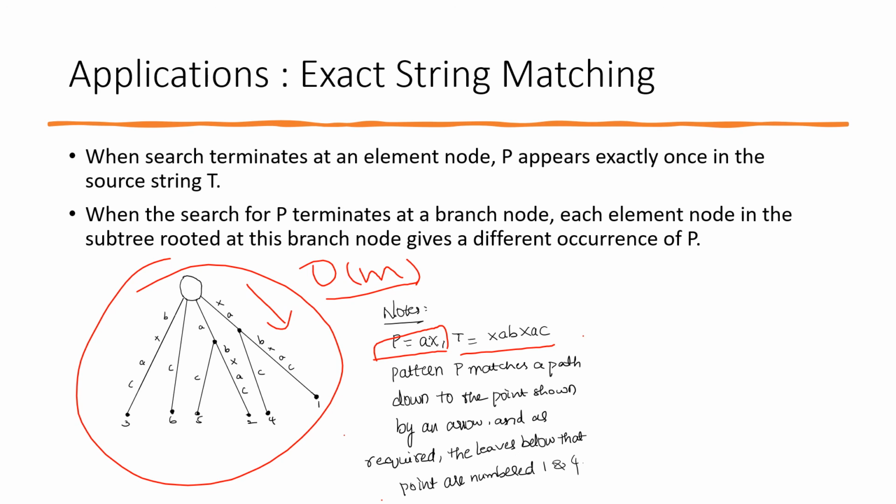Let us take it as XA. We have XA here and we have XA here, so there are 2 occurrences. But for AX, it's not present in this particular tree. So if the pattern doesn't match this tree, then we just print that the pattern doesn't exist.